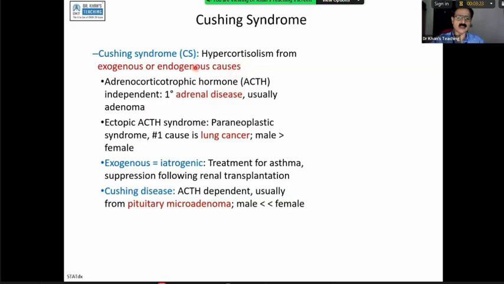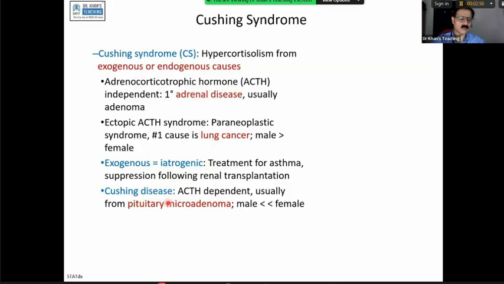On the other hand, the same thing can be because of lung cancers, or it can be iatrogenic. And do not forget, sorry, I was wrong there. Cushing's disease is because of microadenoma. This is syndrome. So the microadenoma of the pituitary can cause Cushing's disease. So Cushing's disease is the pituitary one, and everything else is syndrome.